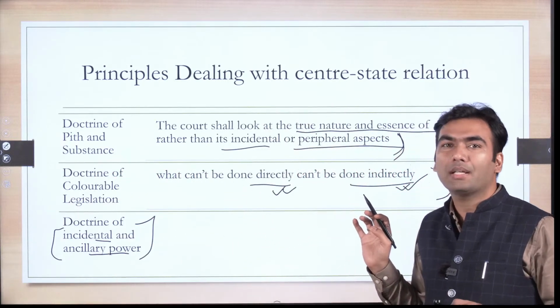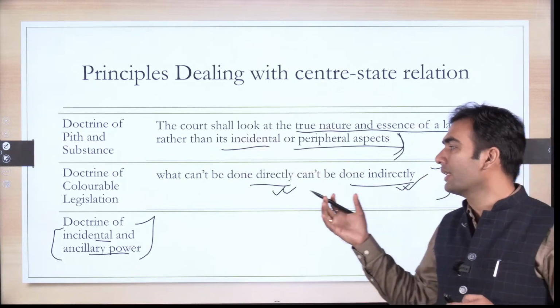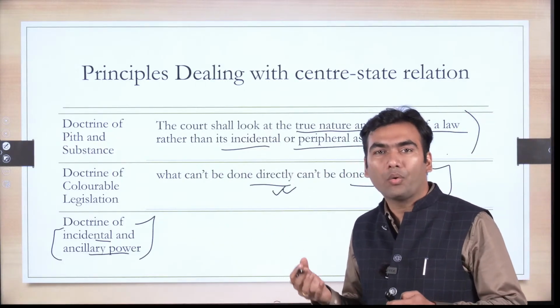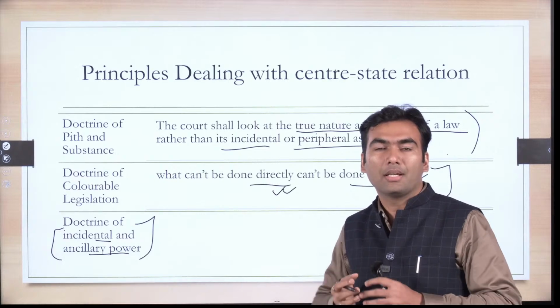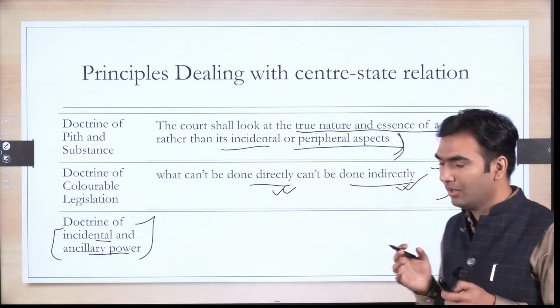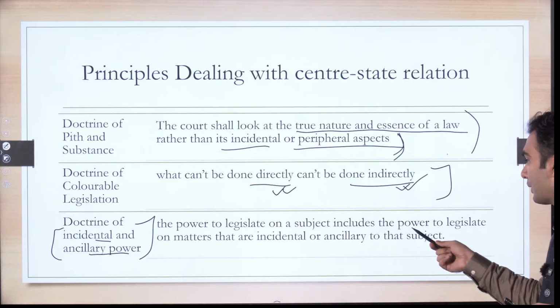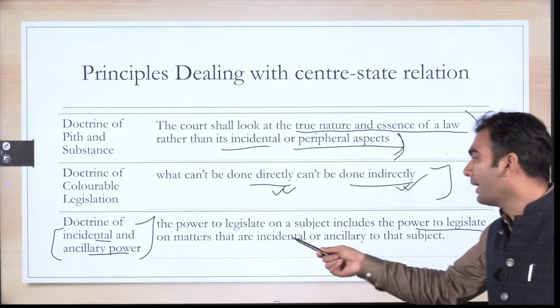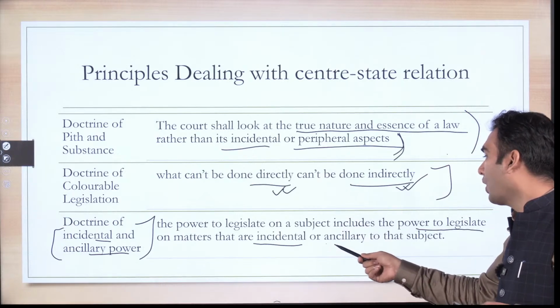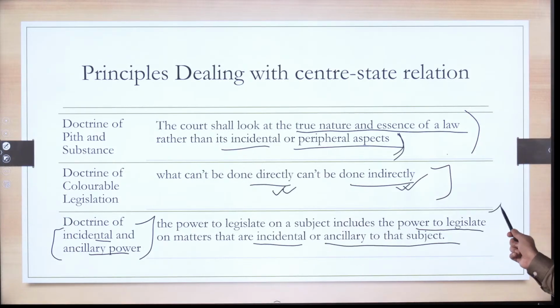It cannot be said that the incidental and ancillary power required to do the duty is not possessed by the government. Okay. So the power to legislate on a subject includes the power to legislate on matters that are incidental or ancillary to that subject.